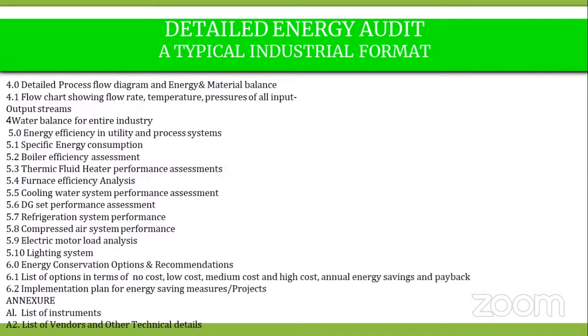Energy efficiency in utility and process systems. Specific energy consumption needs to be taken care of. Boiler efficiency assessment needs to be done with a test. Thermic fluid heater performance assessment. Furnace efficiency analysis. Cooling water system performance assessment, DG set. All these things need to be done, which raises a question: what instruments are available to check them, and whether real-time instruments are available to assess performance. Yes, a lot of things are available.